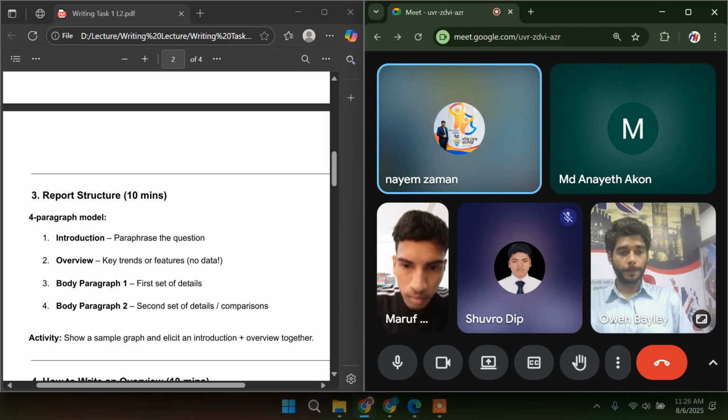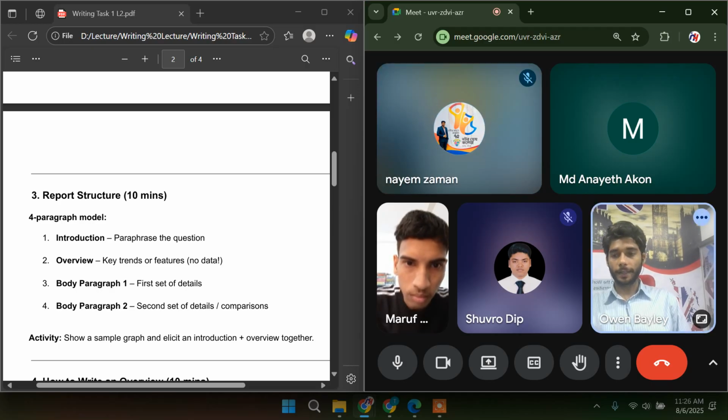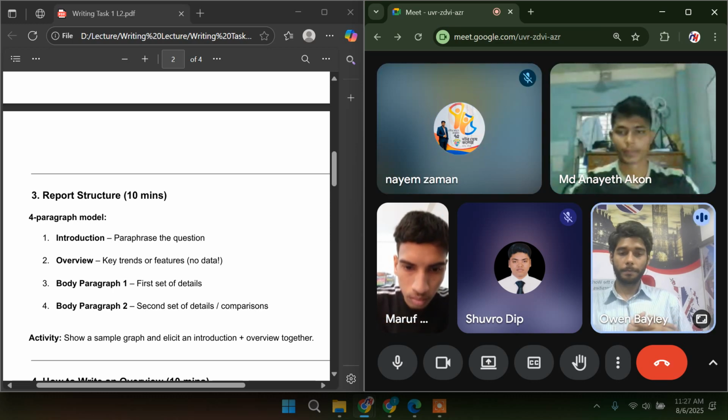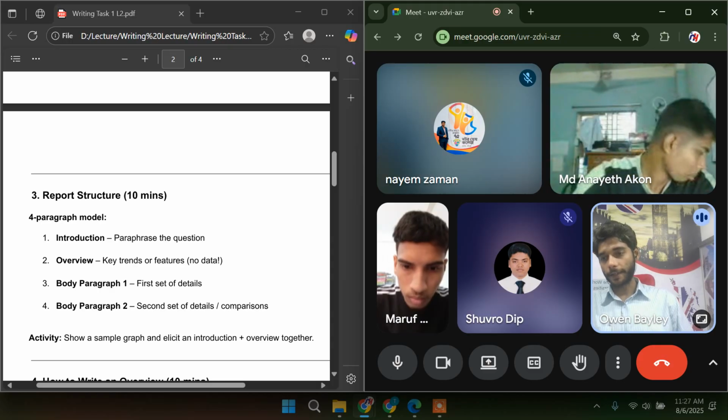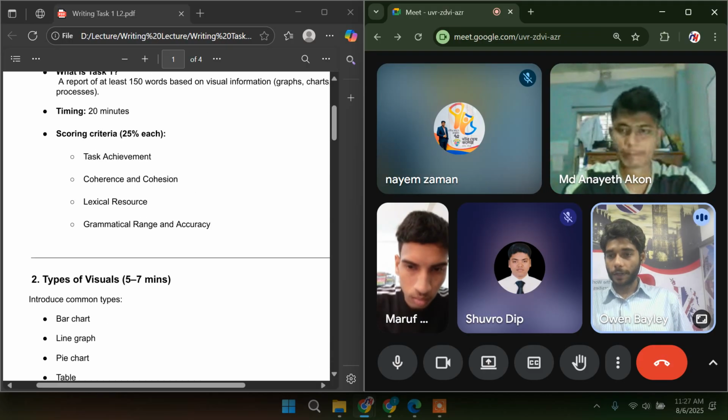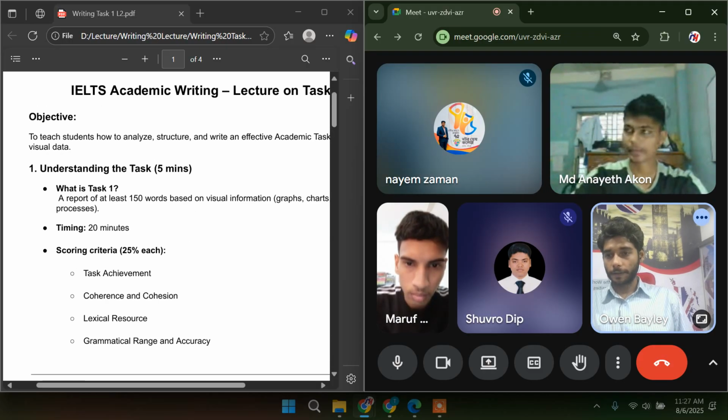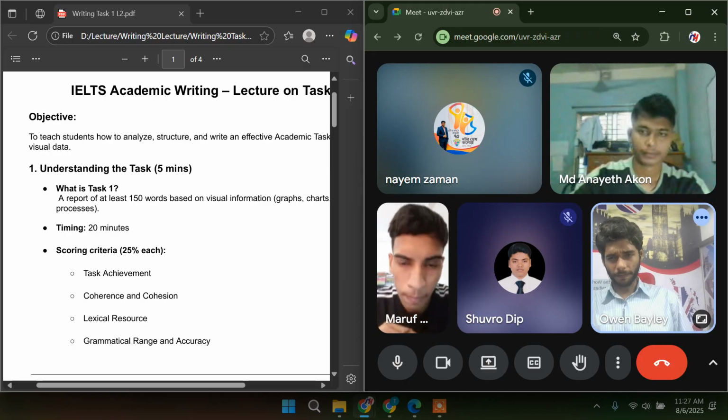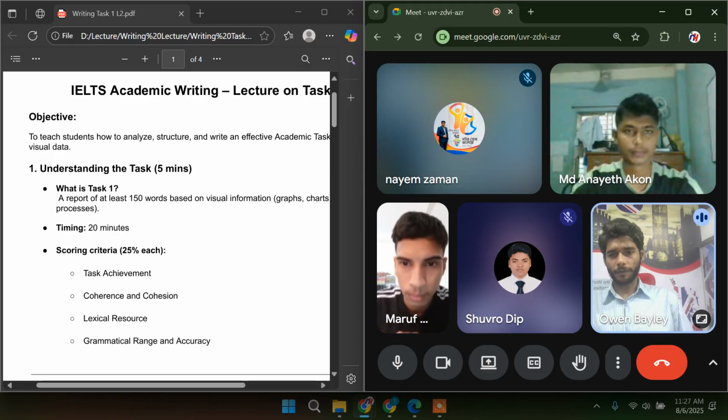So okay. Today's lecture is about part task 1 of writing. We covered that in the beginning you'll have to write 150 words based on the visual, like the graph, chart, diagram.